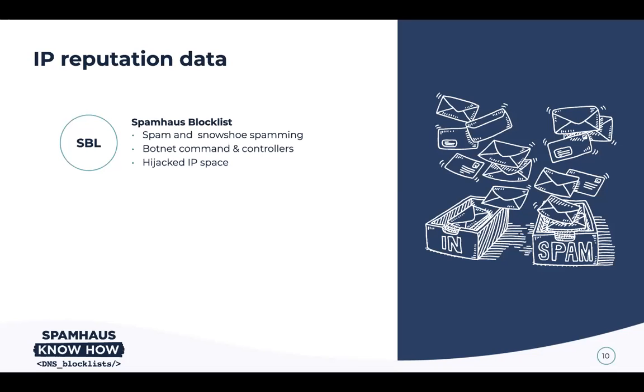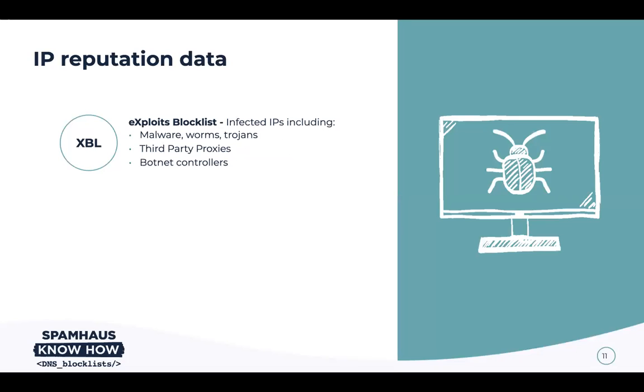The second component that we want to talk about is the XBL. The XBL stands for Exploits Blocklist. It is a list that is composed only and solely of machines, of public IPs, showing signs of compromise. Just like the CSS, it lists IPv4 down to the single IPs, never a CIDR.